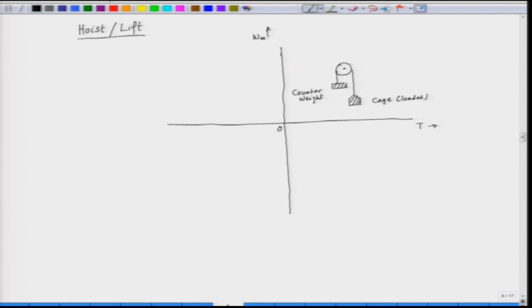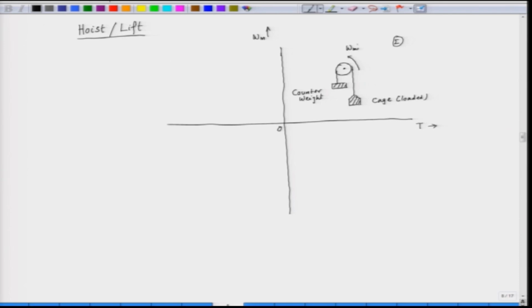In the first quadrant, this is the first quadrant. Here, we are lifting the loaded cage. So, the motor has to rotate in the anti-clockwise direction, this is the speed of the motor.